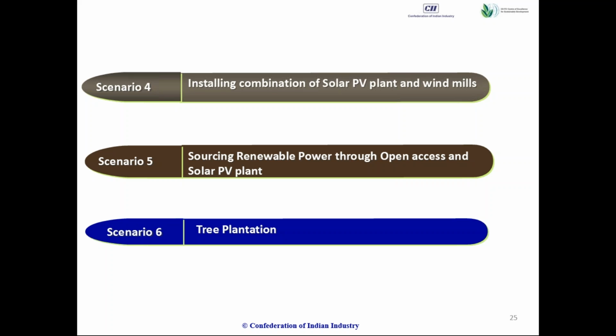Now, in an IT company, 90% of my GHG emissions are from electricity consumption, because the servers, data centers and other computers and laptops consume electricity. So 90% of my GHG emissions are from electricity consumption. Now many states have allowed open access, so that power we can take from some renewable source through open access.